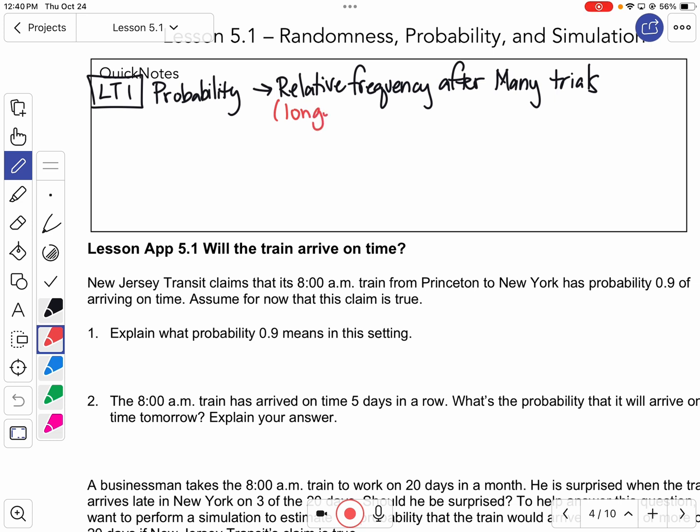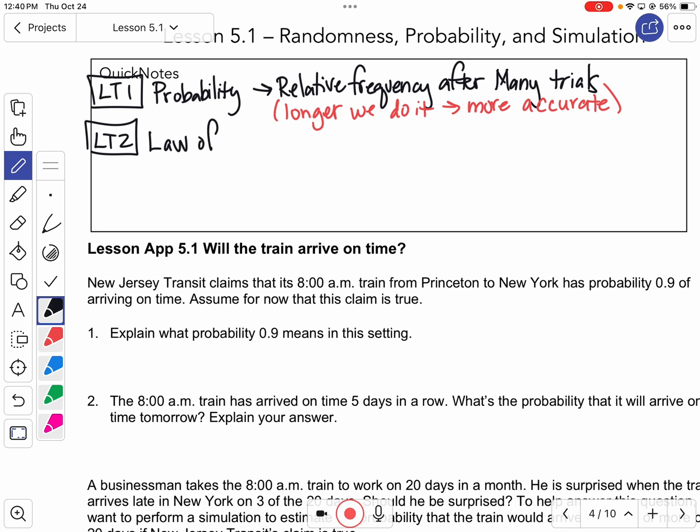The longer we do it, the more accurate. Okay, so that's probability. It's just a relative frequency. It's a percent, all right, it's a decimal after many trials. Okay, how many did we get out of how many times we did it? Just like Miss Gallus and her free throws.